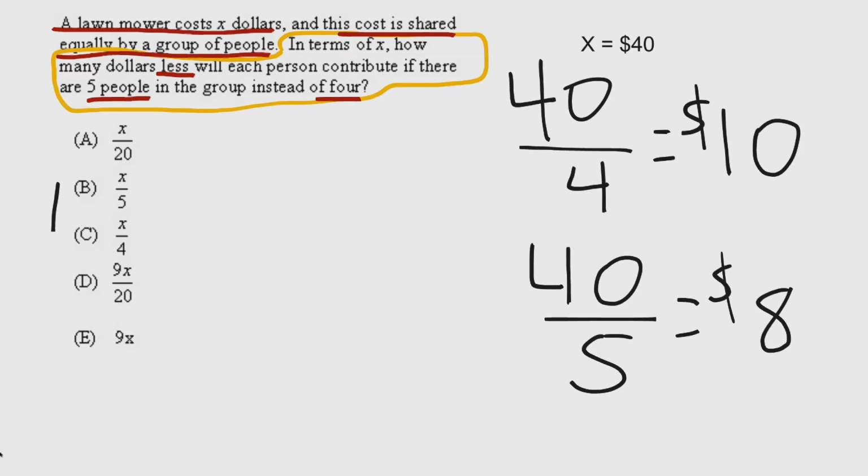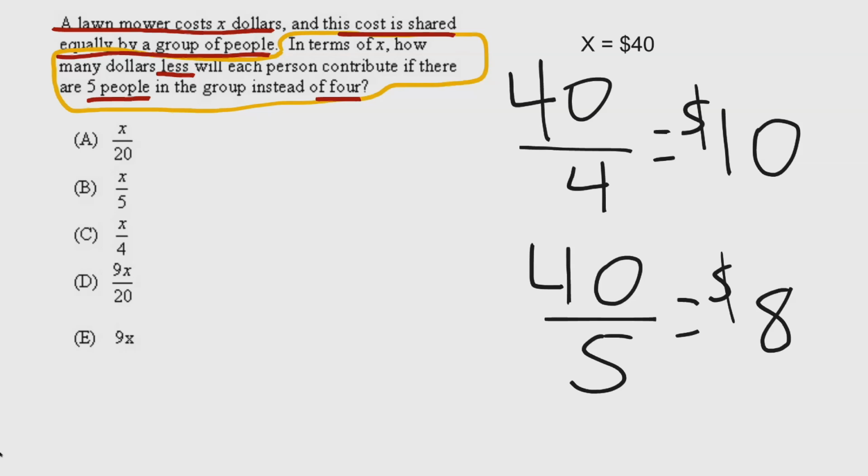Okay, now if I look over here, I see that a couple of these answers involve processes that we just did. X over 5 and X over 4. I put $40 over 4. I put $40 over 5. So you might be inclined to believe that's the right answer had you not read the question carefully. But since we did, we still know that there's more to do. One more step.